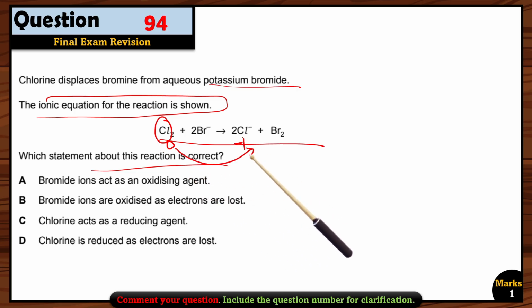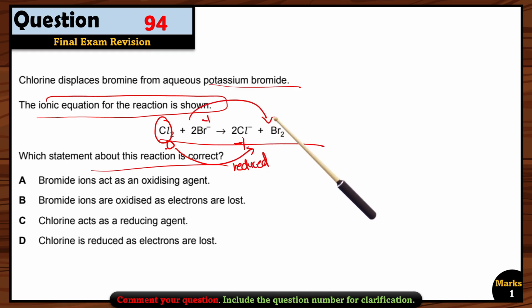So it is decreased. Before it was 0, now it is -1. So chlorine is reduced. Bromine, it was -1. Now it changed to 0 because it is now in the molecule form. So this one is oxidized. The increase in oxidation number means oxidized. Decrease in oxidation number means it is reduced.